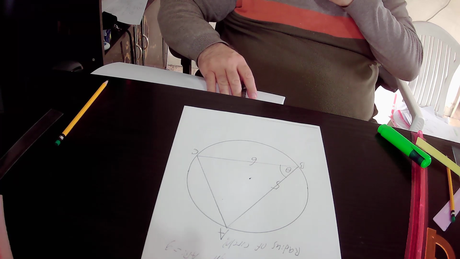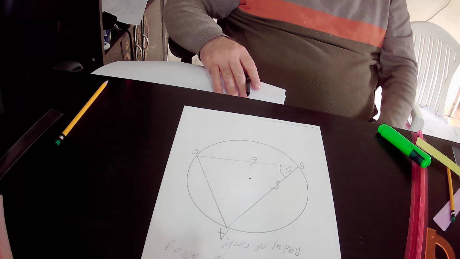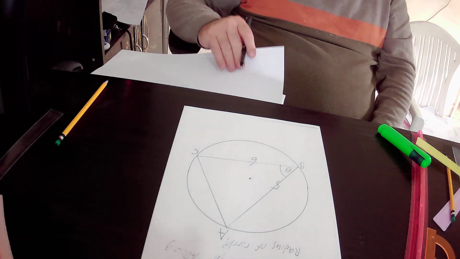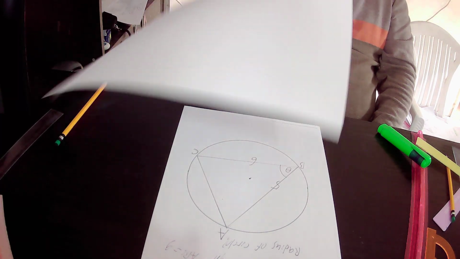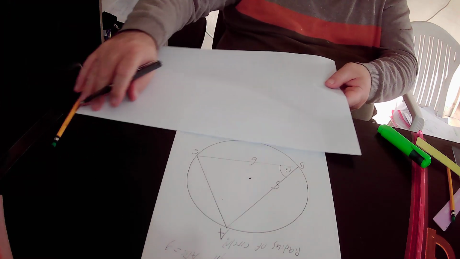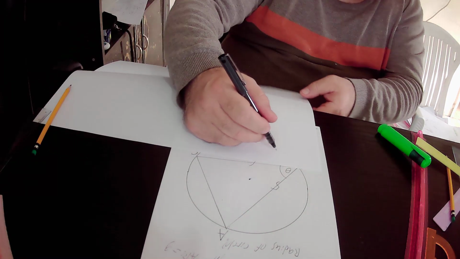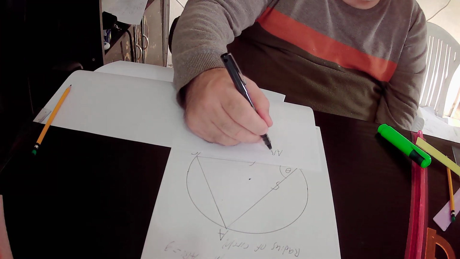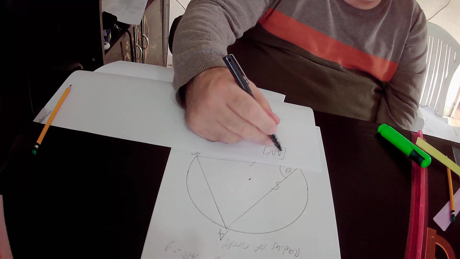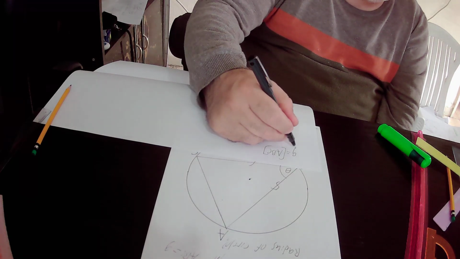So we actually know that the area of triangle ABC equals 9 square units.